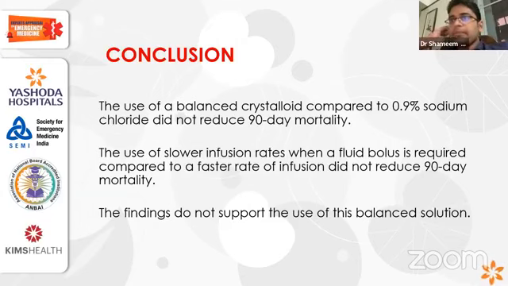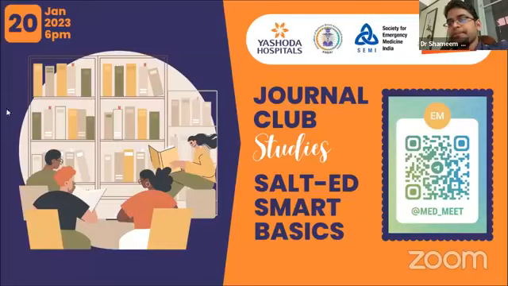Sneha, what I could understand from your journal is there is no major difference in your primary outcome. What about the secondary outcome? Is there anything which is better compared with your balanced solution and crystalloid?